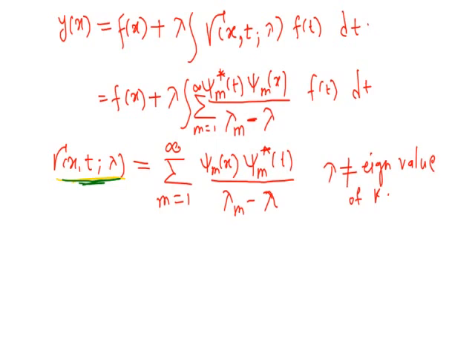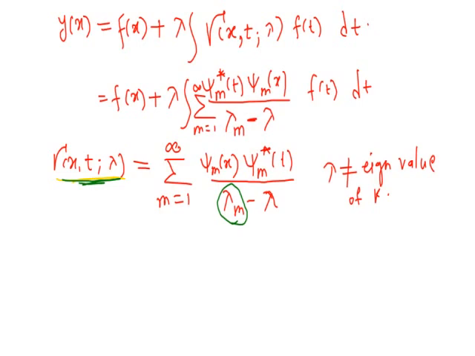That is very clear from here, because at which values of lambda will we get the bad points? That is lambda m. Whenever lambda takes any value equal to the eigenvalue, the quantity will become undefined.